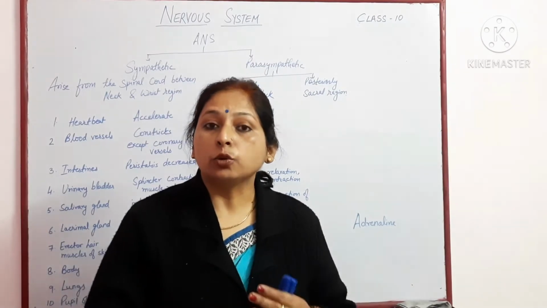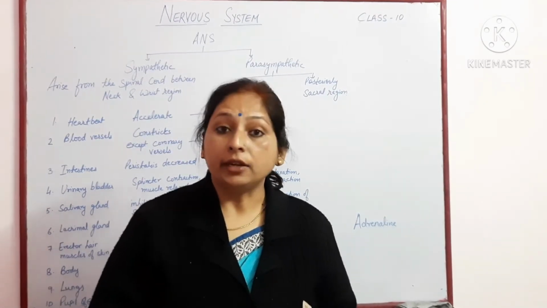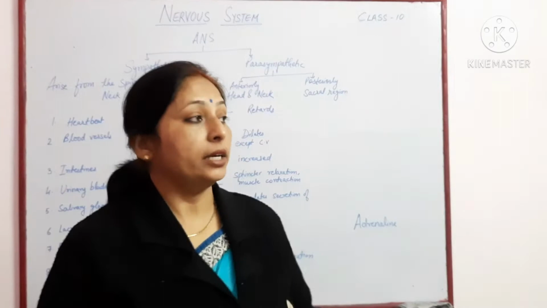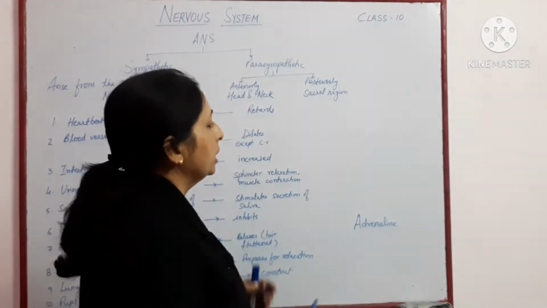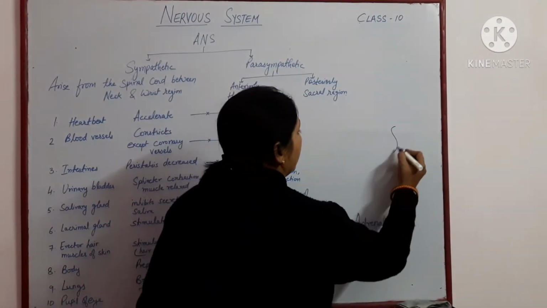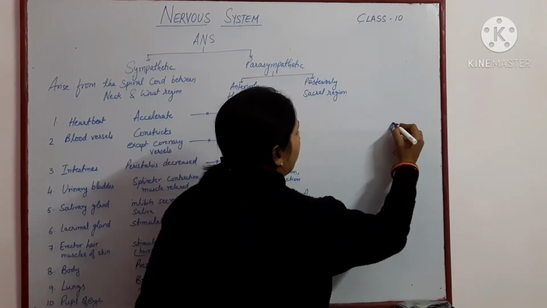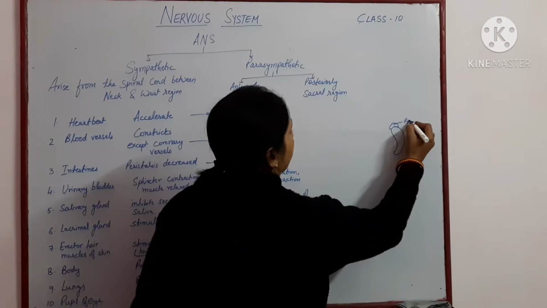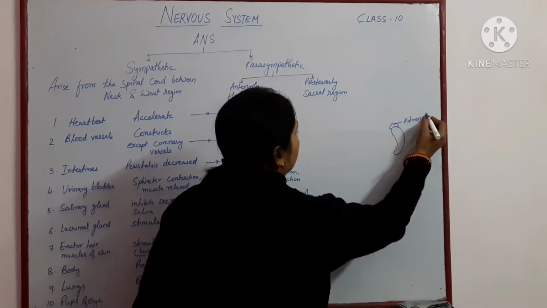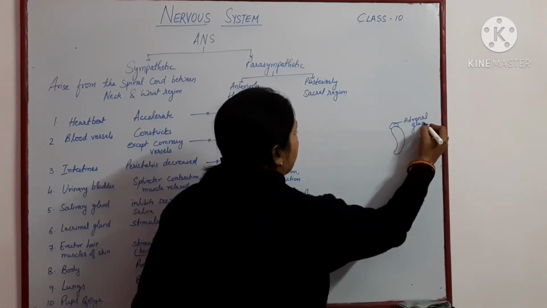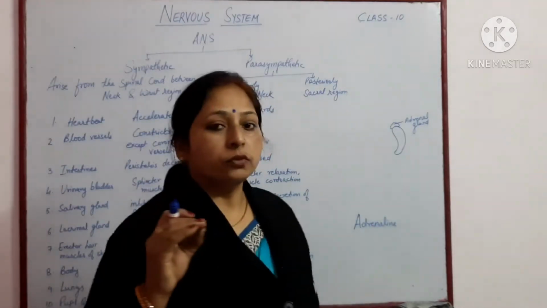The sympathetic system is controlled by the hormone adrenaline, which is secreted by the adrenal gland. If you remember the structure of the kidney, just above the kidney a triangular cap-like structure was present, which was the adrenal gland. Renal is the word for kidney.